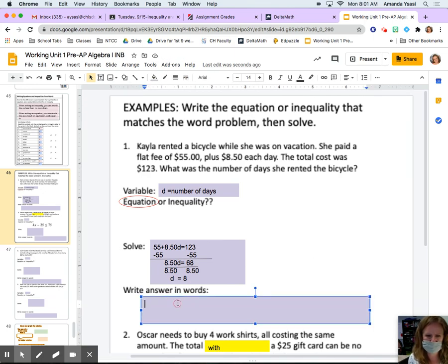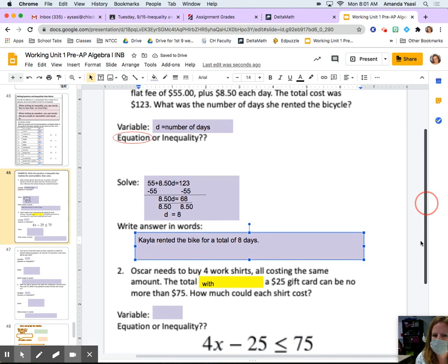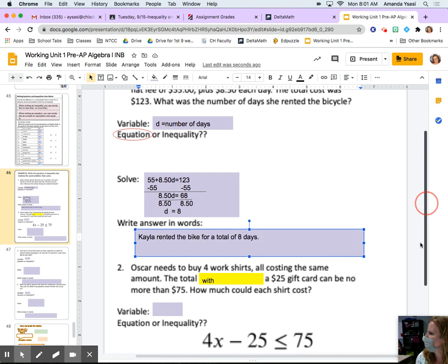Okay, so answer in words. 8 was the total amount of days I rented the bike. Kayla rented the bike for a total of 8 days. Can I leave mine how mine was? You need to write it in words. Yeah, yours is right.